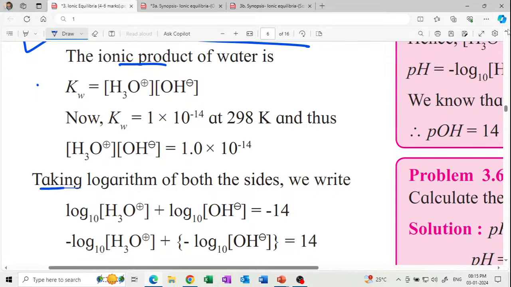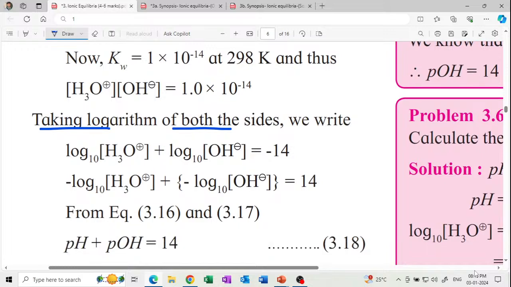By taking the log of both sides, we get log of H3O plus plus log of OH minus, and then by changing the sign.